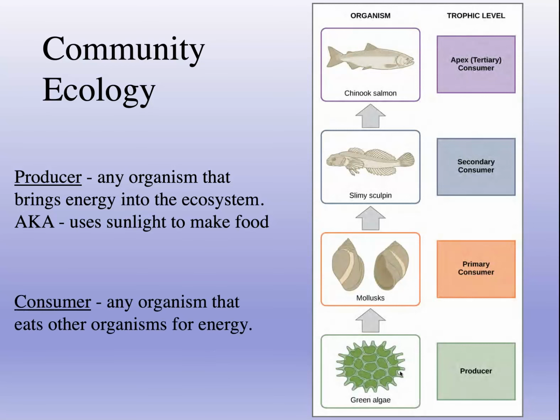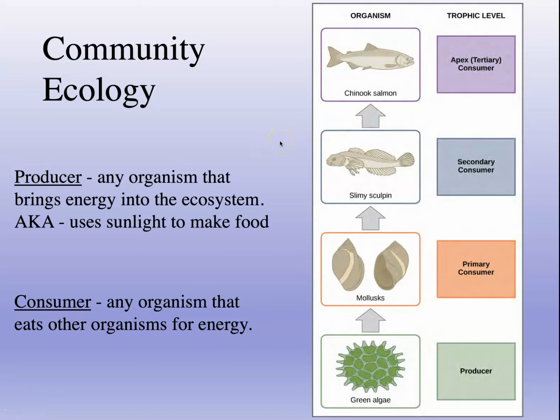Anything else is a consumer. If you are the organism that eats the producer, then you are a primary consumer. If you're an organism that eats the organism that ate the producer, then you are a secondary consumer, and on up through multiple trophic levels, consumption levels, as it were.